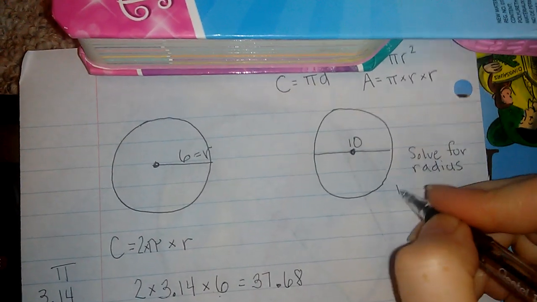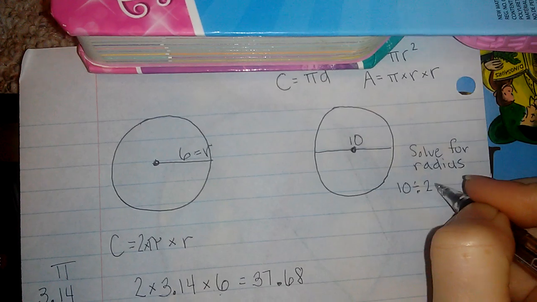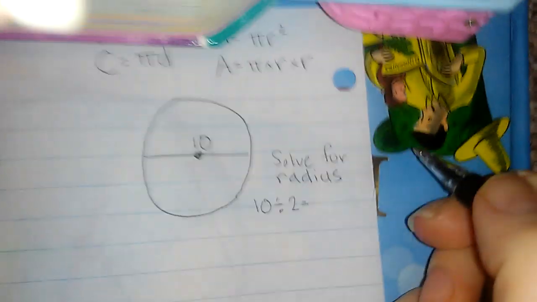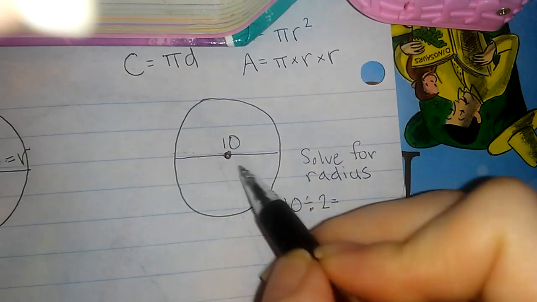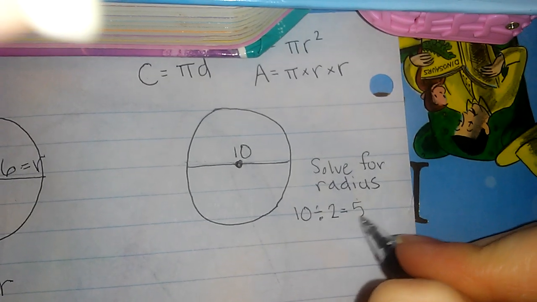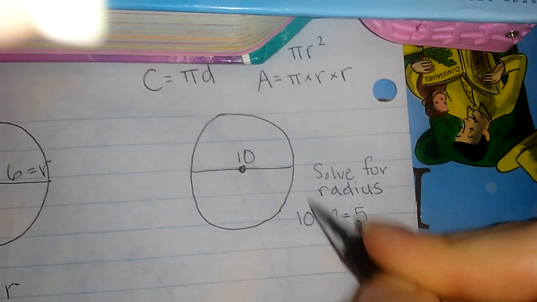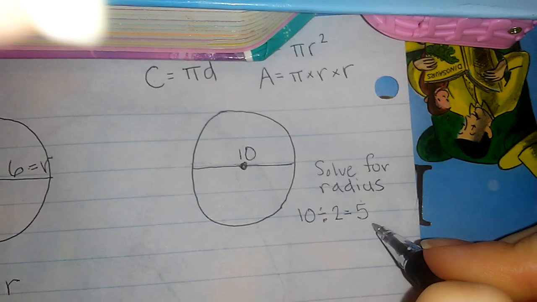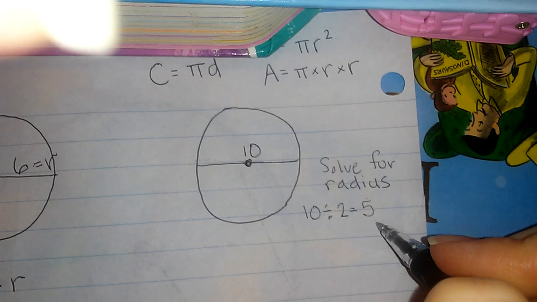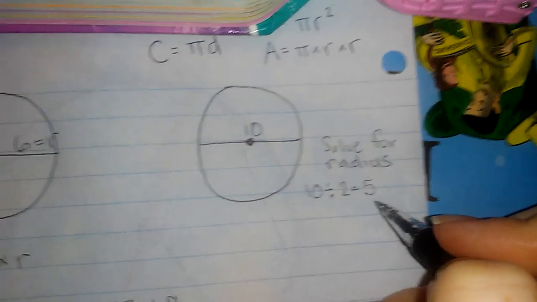You can do 10 divided by 2, because you have to split it in half, make it 2 chunks. 10 divided by 2 is 5. So to find the radius, you take the diameter and divide it by 2. That's one of the trickiest pieces besides plugging it in and solving.